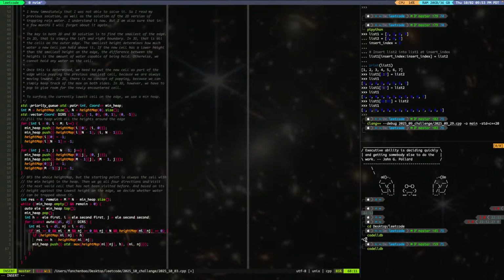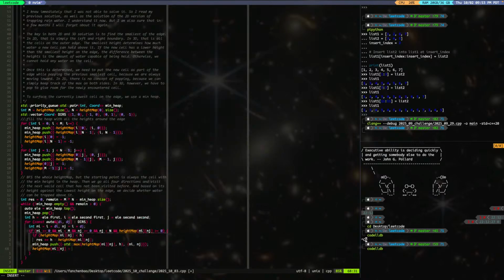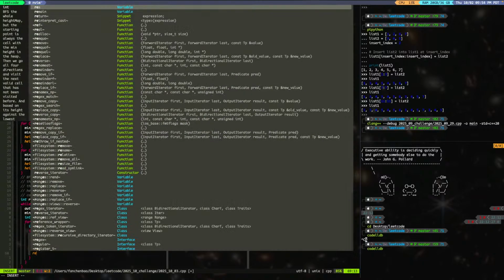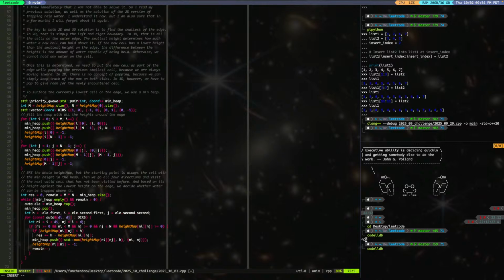Alright, we'll push it in, and height map ni and j is -1. So yep, and we'll say remain negative. And then once we're done, we'll return res.